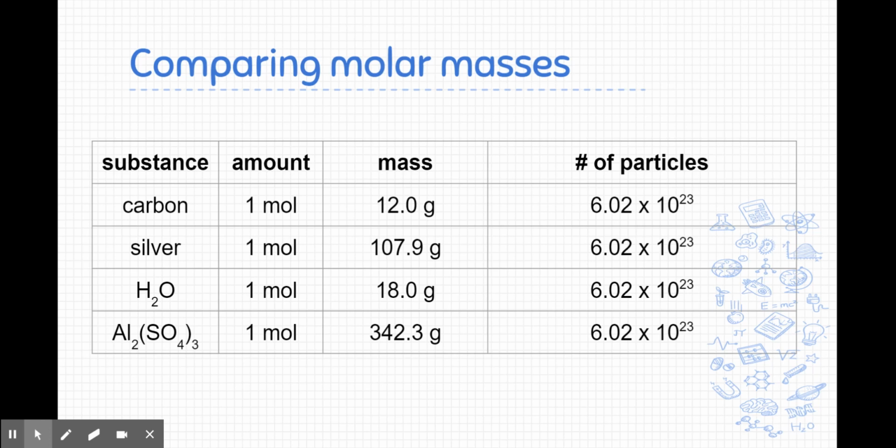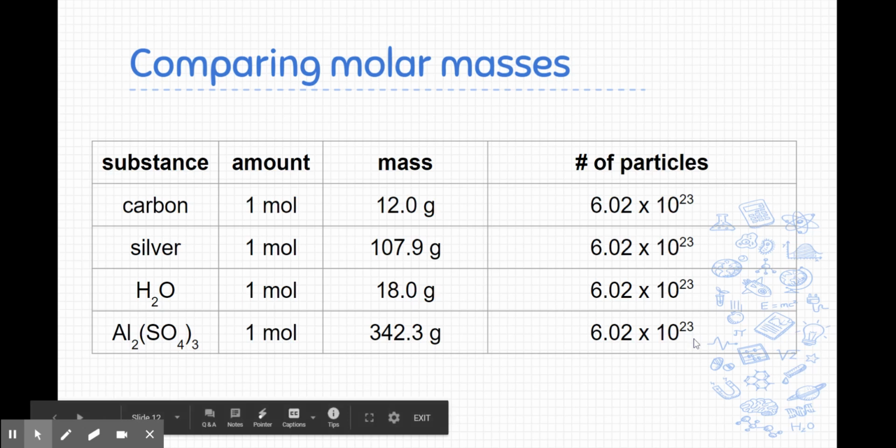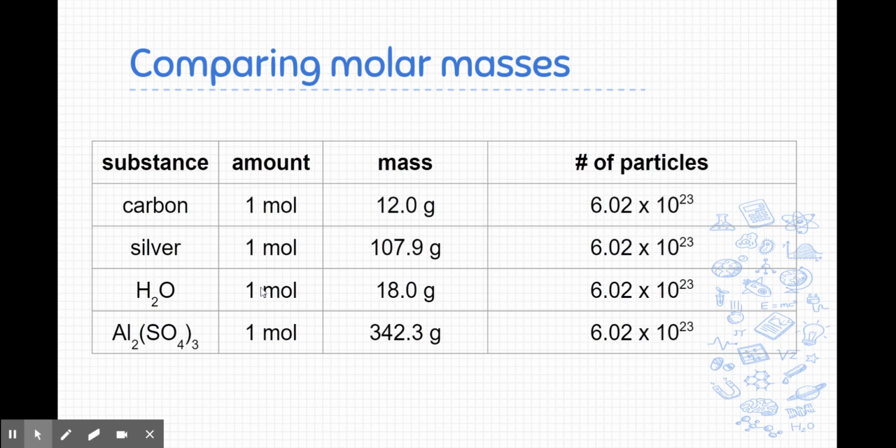By definition, 1 mole of a substance is 6.02 times 10 to the 23 particles. I use the word particles here because some of these substances are atoms, some of them are molecules, and the aluminum sulfate is a formula unit in an ionic compound. But 1 mole is referring to 6.02 times 10 to the 23 particles.